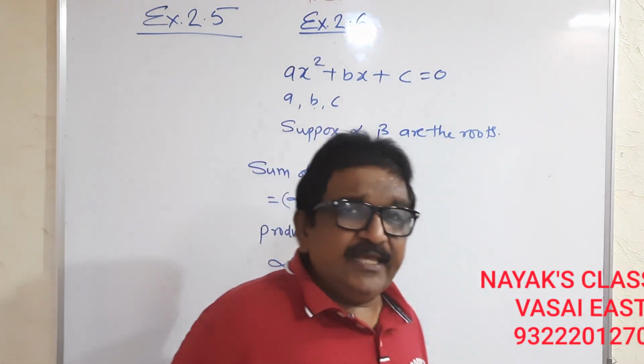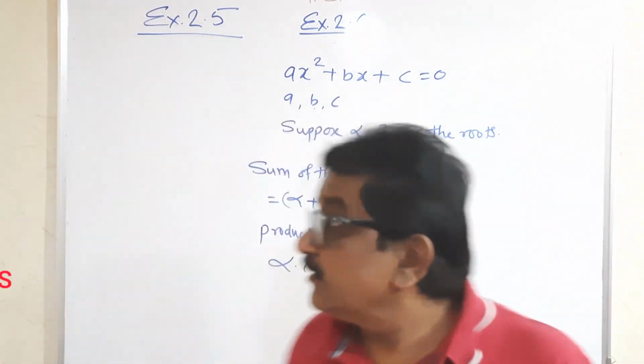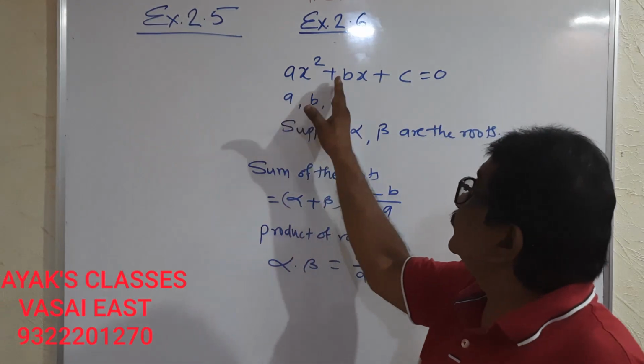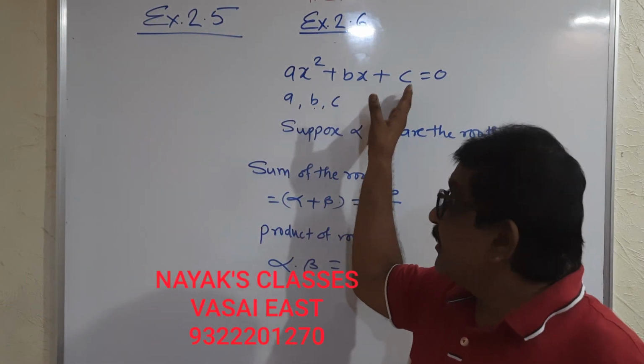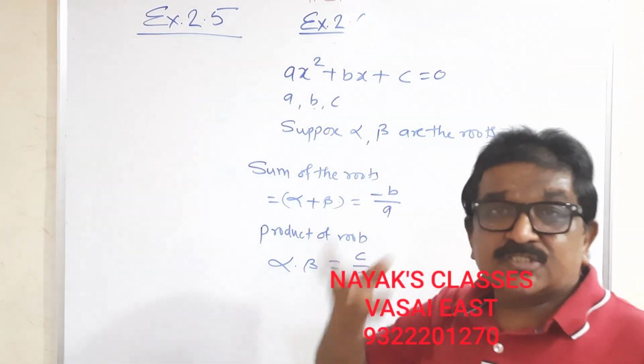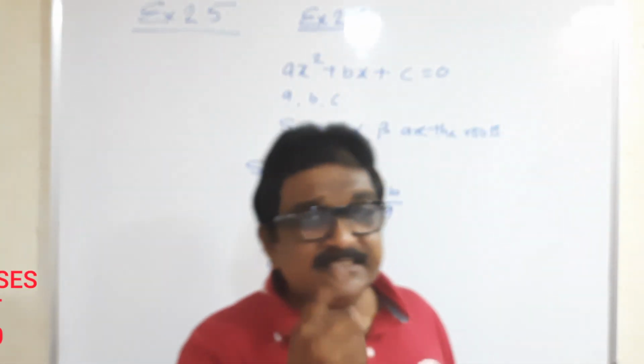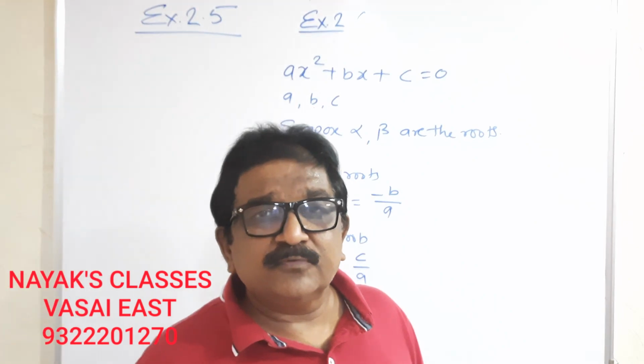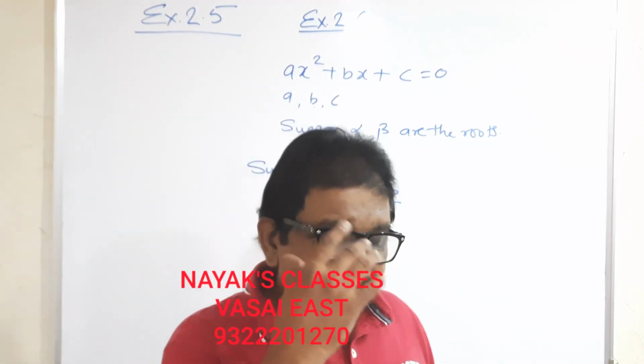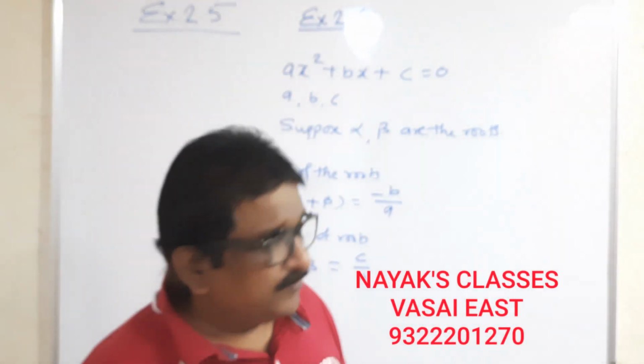So we have seen the relation between the coefficients and the constant term with the sum of roots and product of roots. This is very important to understand for exercise number 2.5.